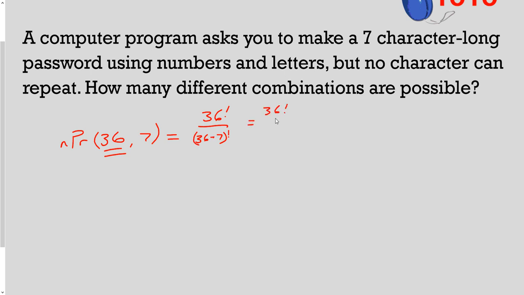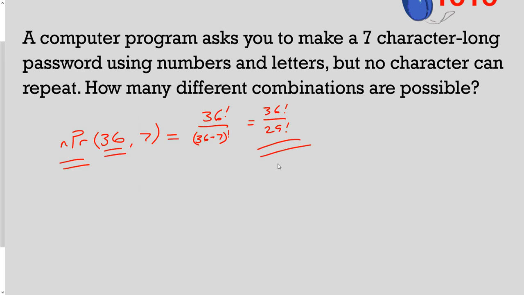So 36 factorial over, what, 29 factorial? Now, if you don't have a calculator that can do this, the function built in, you can set this up, and every calculator should be able to do this. Every scientific calculator is going to have that factorial option. Okay, so 36 factorial divided by 29 factorial. Everybody run that on your calculator if you didn't before.